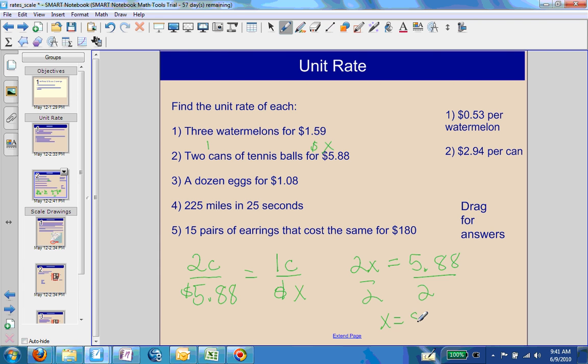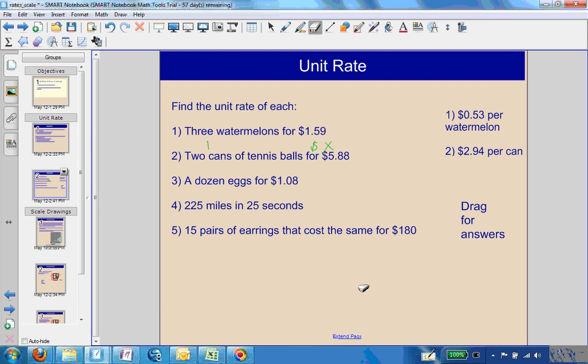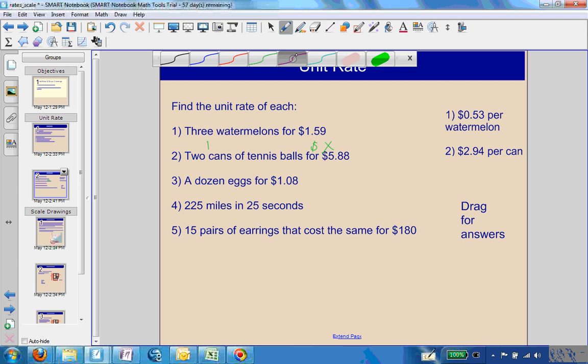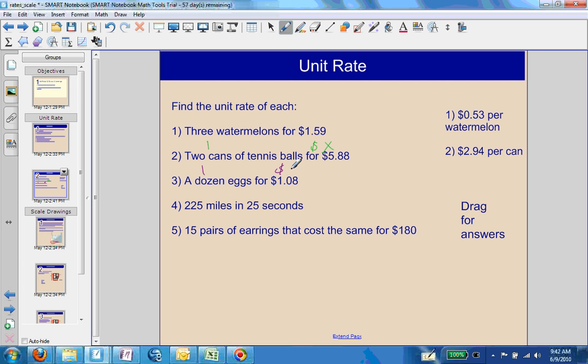A dozen eggs for $1.08. So what we're trying to figure out is how much 1 egg will cost. So we know our original ratio is going to be a dozen, so that's 12 eggs for $1.08. We want to know how much 1 egg costs.